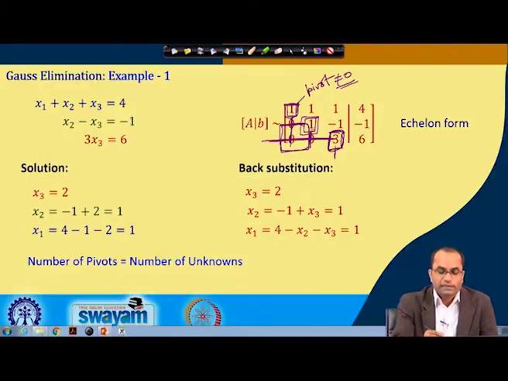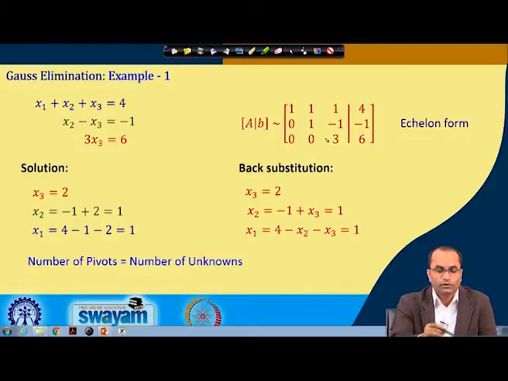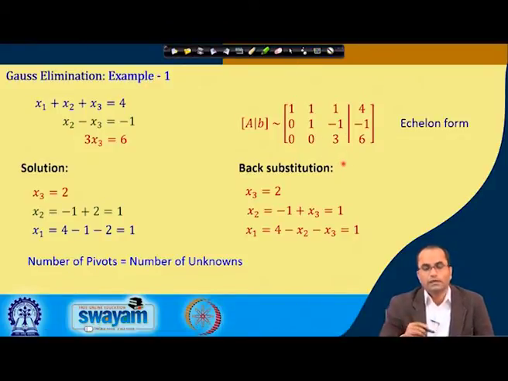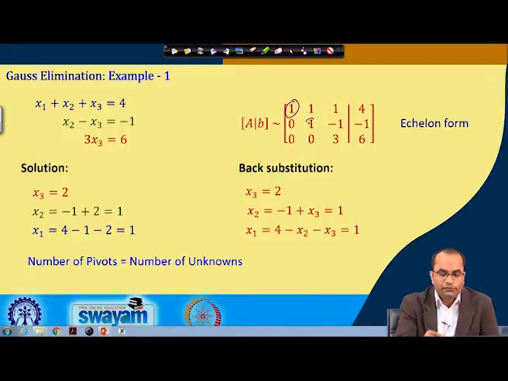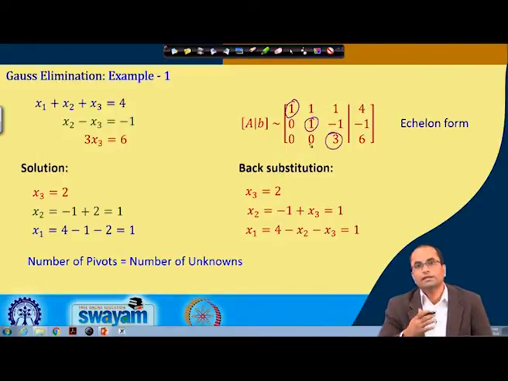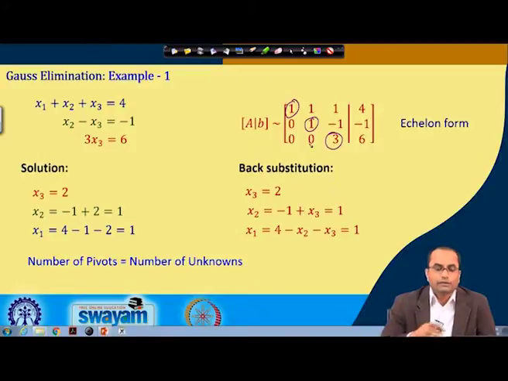Such non-zero elements are called pivots, because they play a very important role in discussing the consistency of the solution, the existence or non-existence of the solution. So, how many pivots do we have here? We have 1 pivot, 2 pivots, 3 pivots. We have 3 pivots in our augmented matrix.